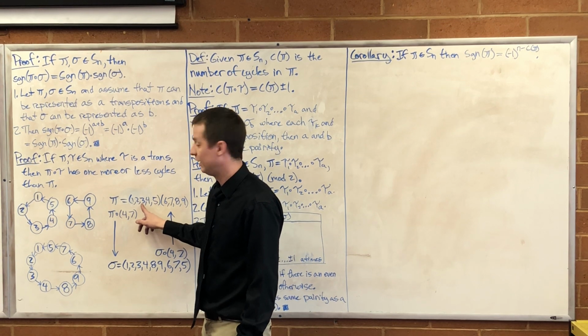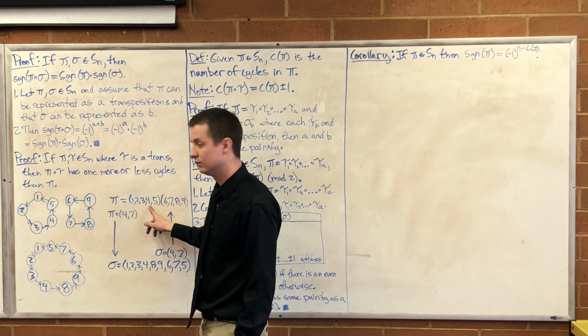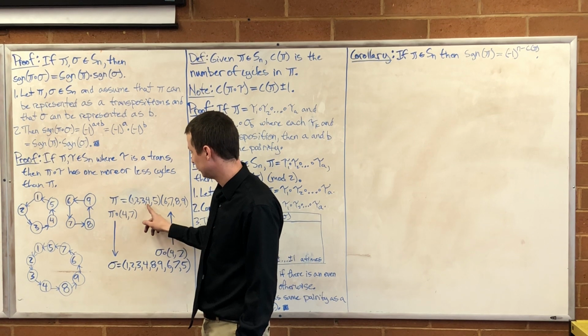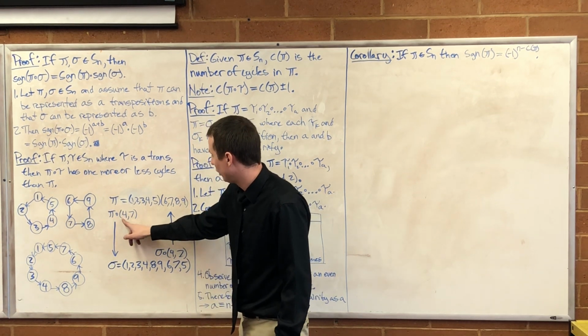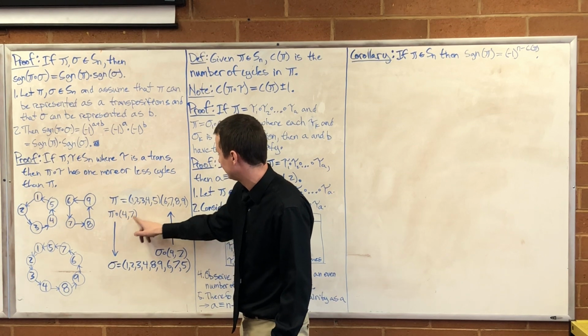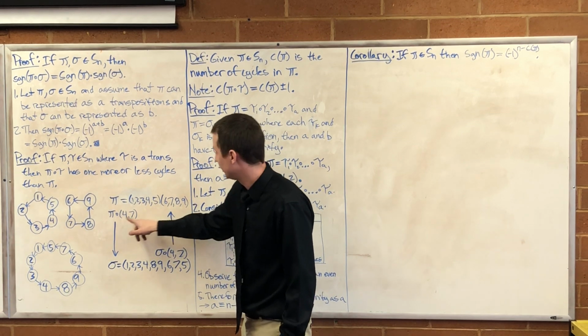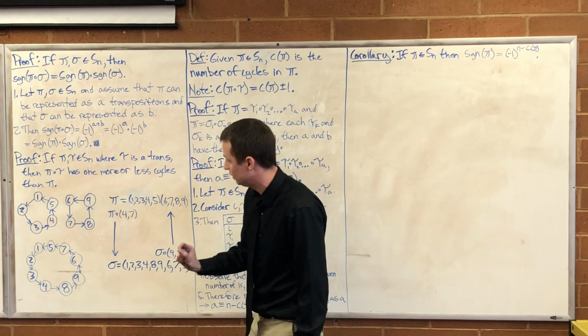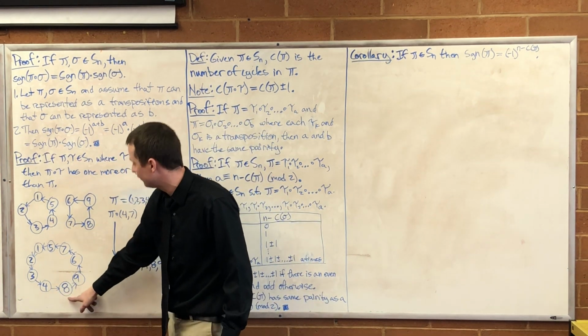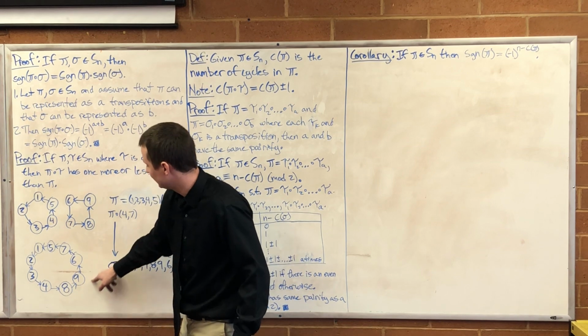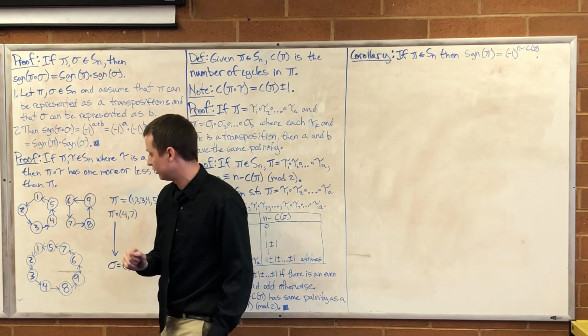And 3 still just goes to 4, because this one doesn't change what 3 goes to. So only when we get to 4 do we get something different. So now 4, instead of going to 5, goes to 7 and then 8. So now 4 goes to whatever 7 used to go to. 7 used to go to 8, and 7 is going to go to whatever 4 used to go to.